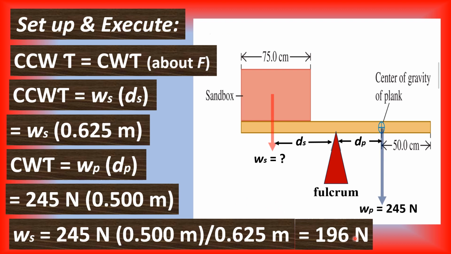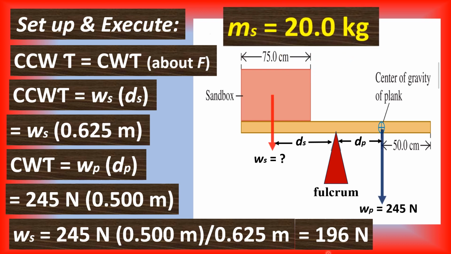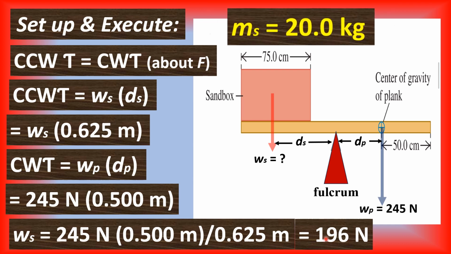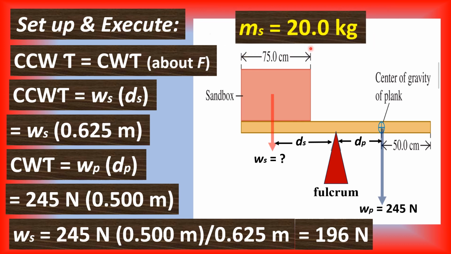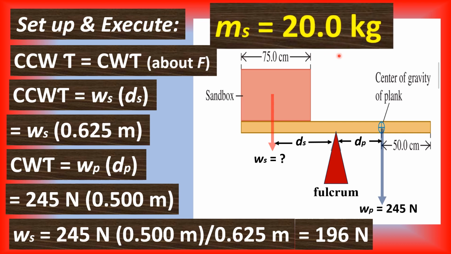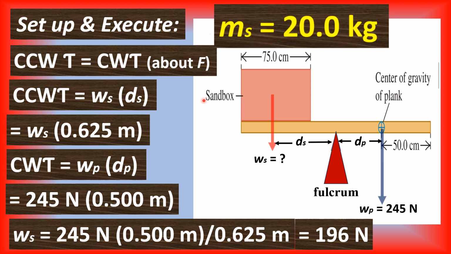And since what you're looking for is the mass of the sand that is put in this box, all right, we just divide the weight W sub S, 196 newtons, by 9.8 meters per second squared, and we will get this mass of the sandbag equal to 20 kilogram, which is the final answer to the question.